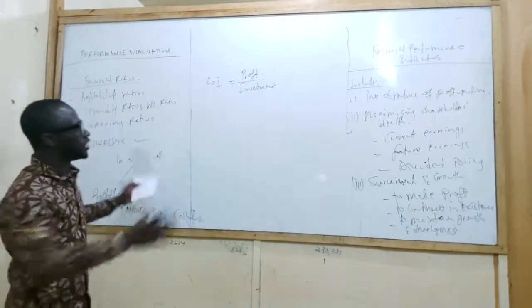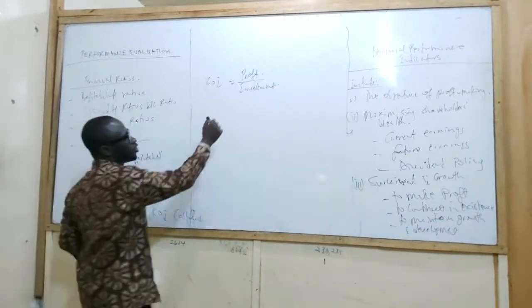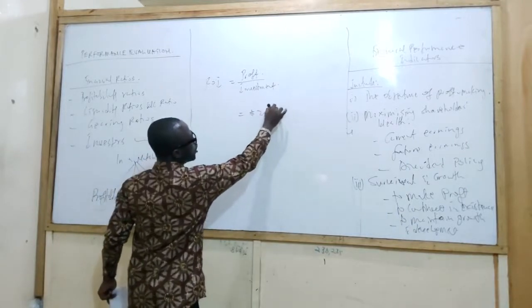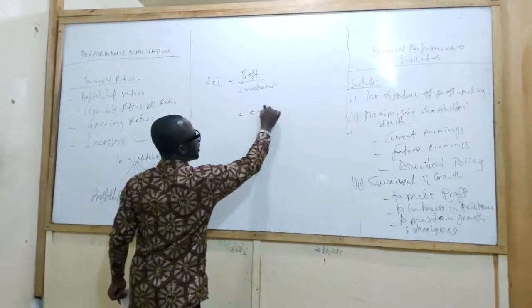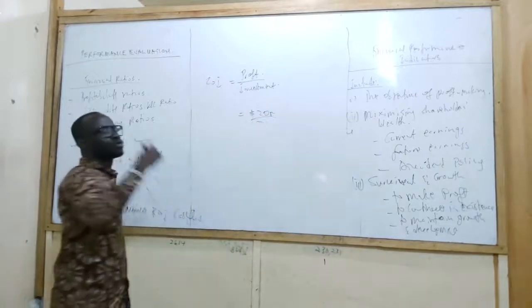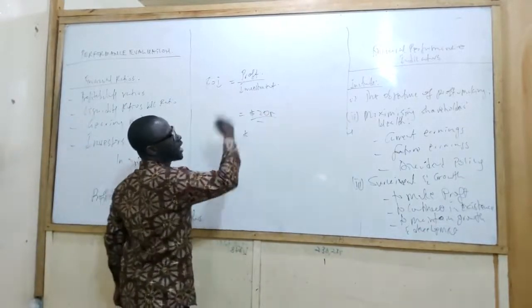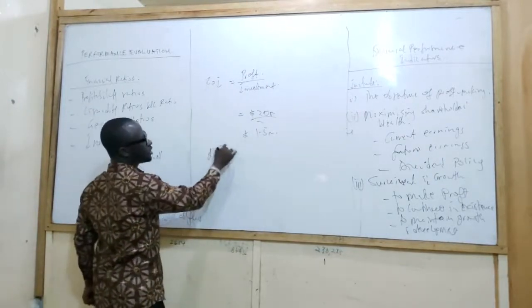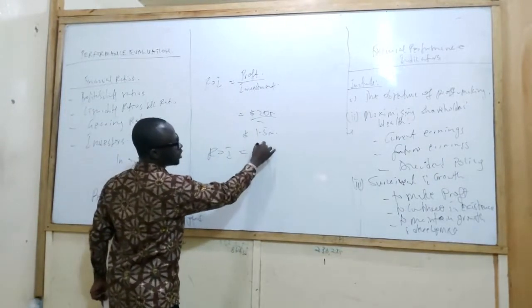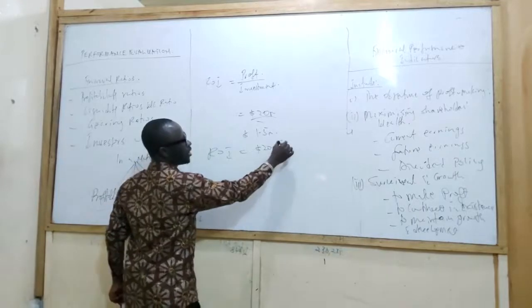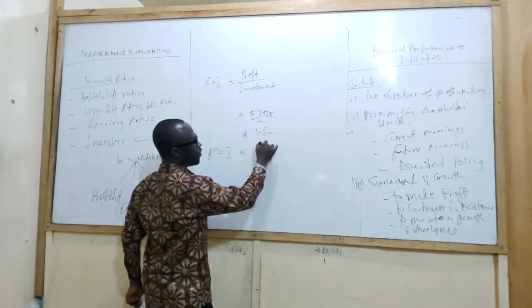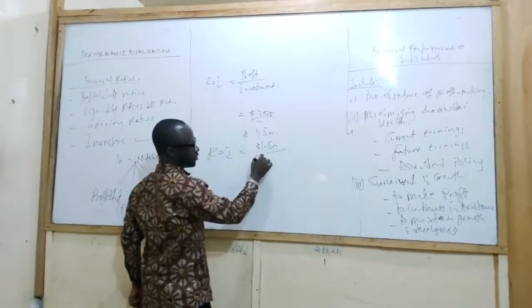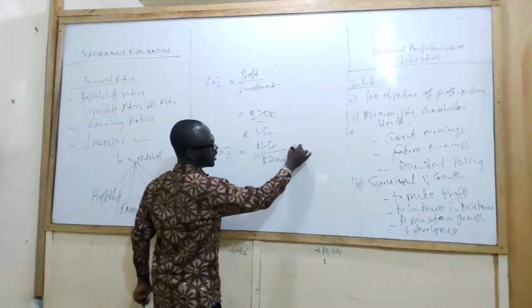So for instance, if that division has a total investment of, say, $20 million, and from that $20 million they are able to make a profit of, say, 1.5 million, then what will the return on investment be? It is the 1.5 million over the 20 million, times 100.